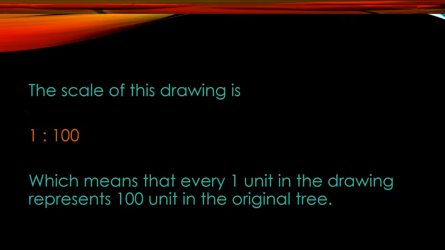The first number in the ratio should be for the drawing or the model, and the second one should be for the original, for all scales, always in the same order.